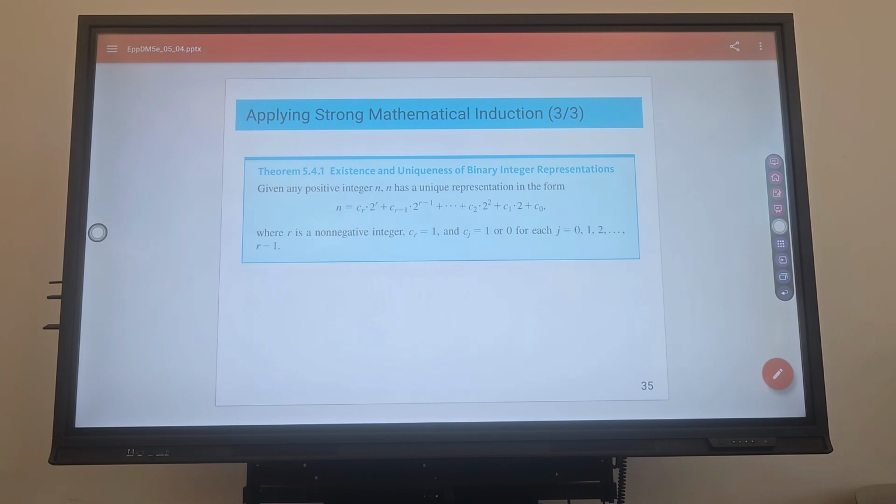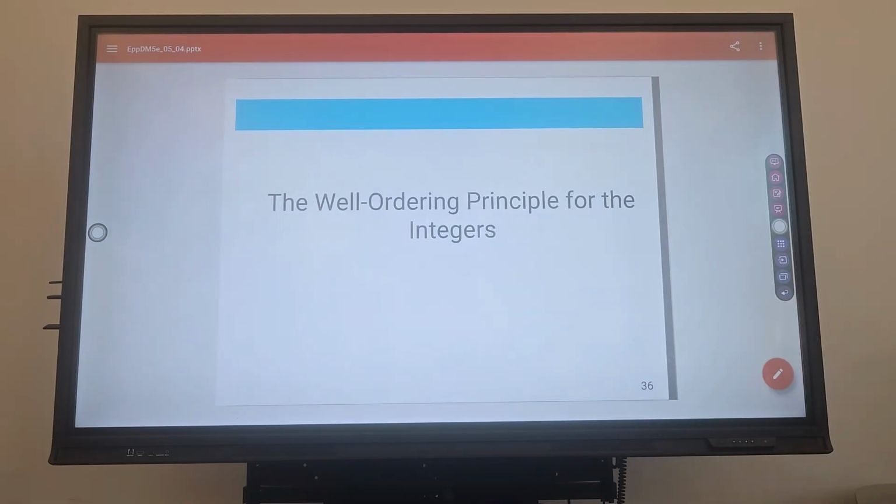Given any positive integer n has a unique representation in the form given here, where r is a non-negative integer, c sub r equals 1, c sub j equals 1 or 0 for each j from 0 through r minus 1. That doesn't go into the proof of that.